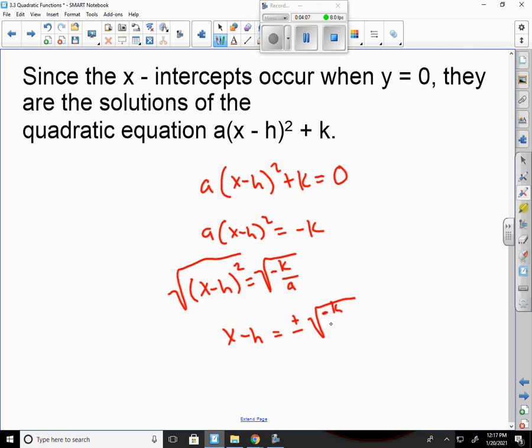So it's the square root of negative k over a, and then add the h, and I get h plus or minus the square root of negative k over a. So anytime I'm asked to find the x-intercepts and I have the vertex form, all I have to do is plug those numbers in here for h, k, and a.